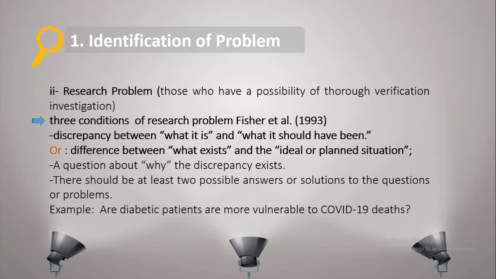As we already stated, diabetic patients are more vulnerable to COVID-19 deaths. So we need to solve this problem, and this problem has two possible answers, whether the diabetic patients are more vulnerable or not. So our research problem has two possible answers or solutions.